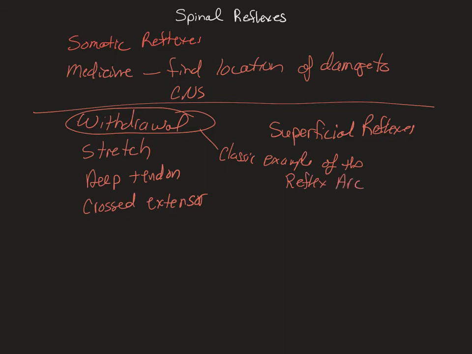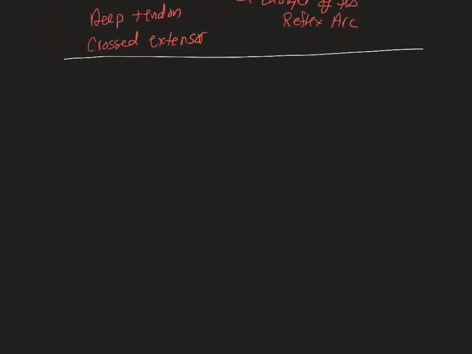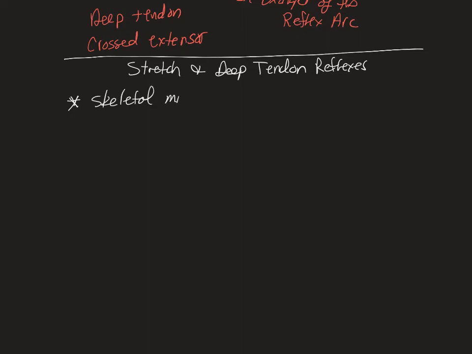So you have that. What I want to talk about next is going to be the stretch and deep tendon reflexes. All right, these go together, and they're how we basically keep our skeletal muscle moving smoothly.